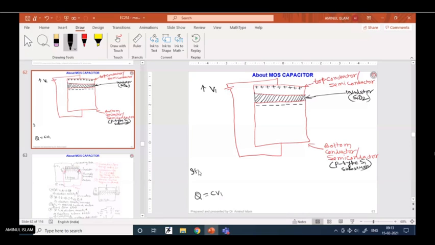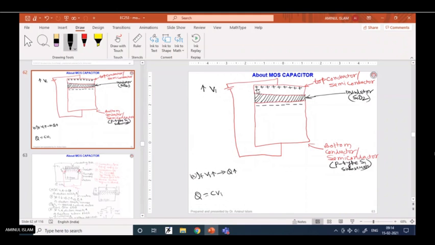Since this relation, if V1 is increased, then what will happen to Q? Q will increase.